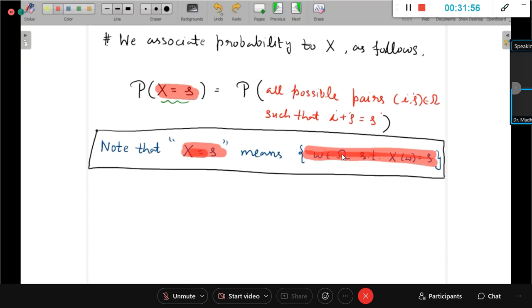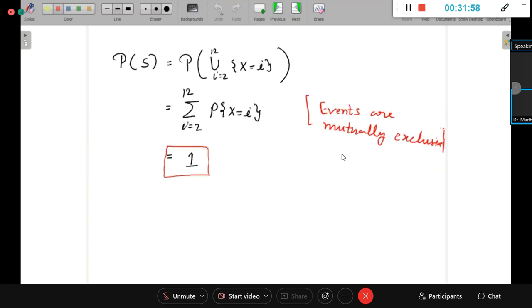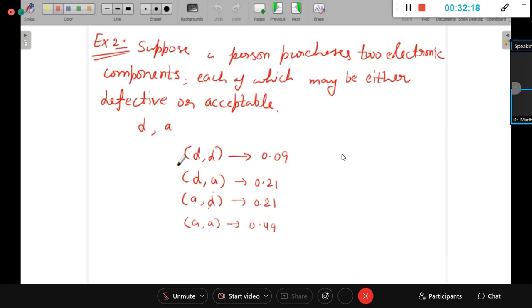Also, I have told you that you can verify that for i equals 2 to 12, the events are mutually exclusive, and if you sum up all the probabilities, that will lead to 1. That we have shown.